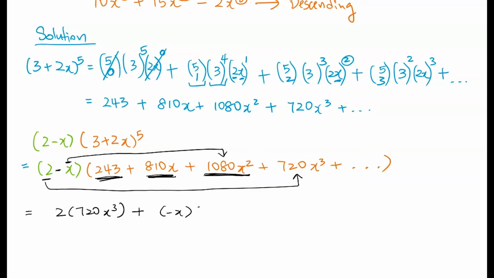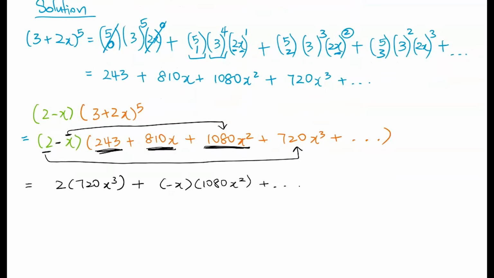So it will be negative x multiplied with 1080x squared, plus dot dot dot, because these are the only 2 multiplications that will give me my x cubed term. So you just evaluate these and you're going to get 360x cubed plus dot dot dot.